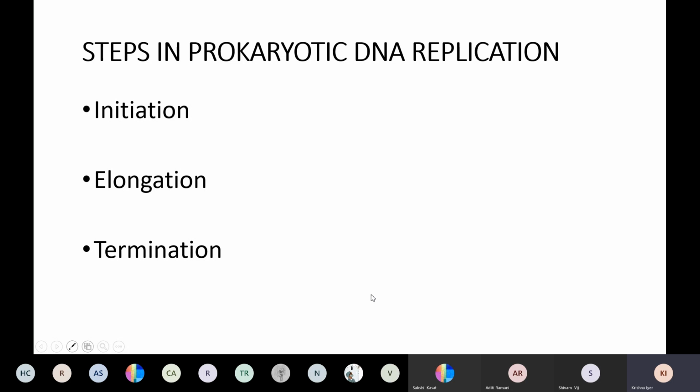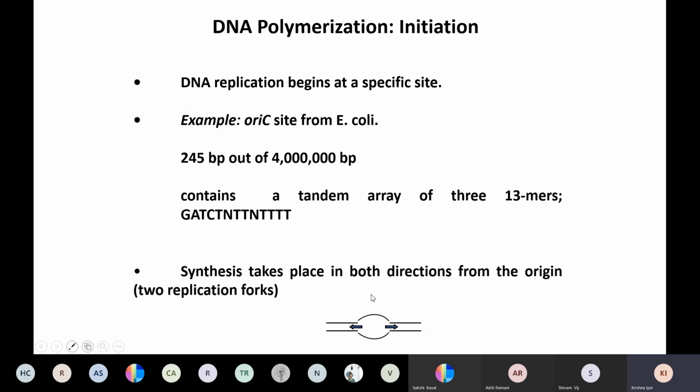Now, with respect to the theta model, or prokaryotes, or bacteria, where this occurs most of the time, the process of DNA replication invariably begins at a specific site, which is referred to as the origin of replication.